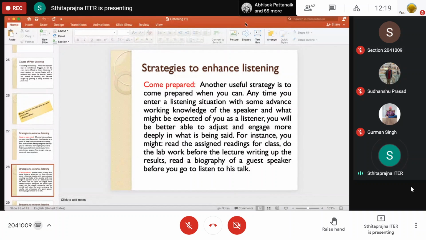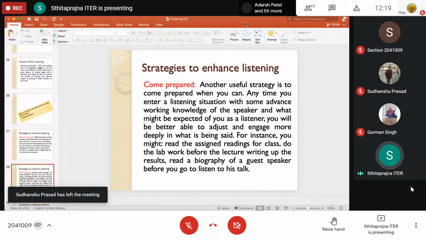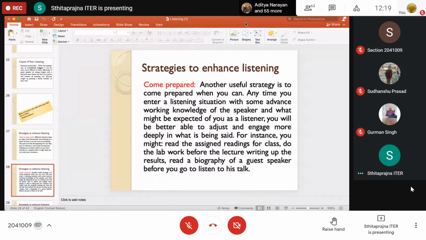Coming prepared to the class also helps you in seeking answers to your doubts and queries, because you know where you have a doubt and you can ask that in the class. So this is a very, very useful strategy, coming prepared.